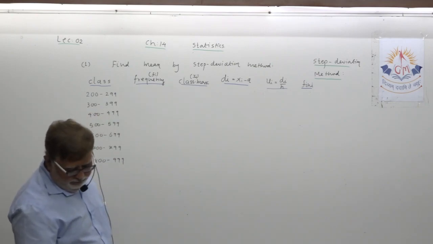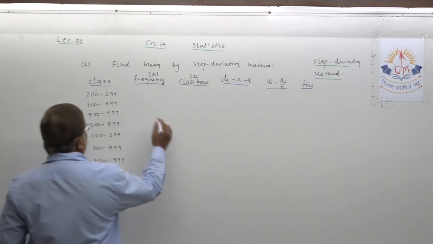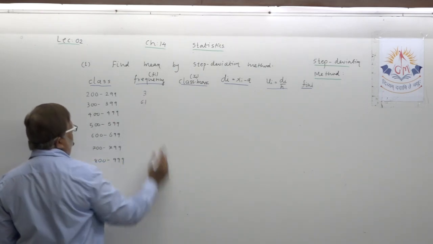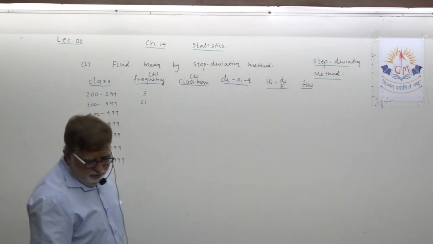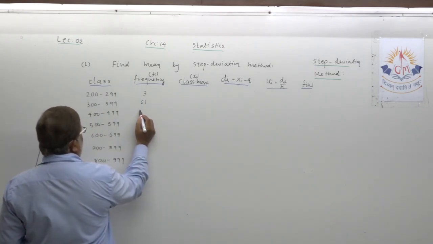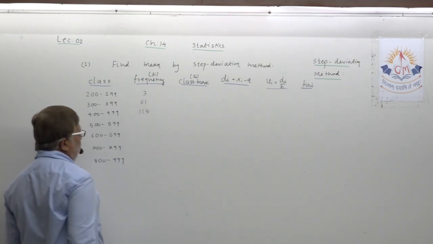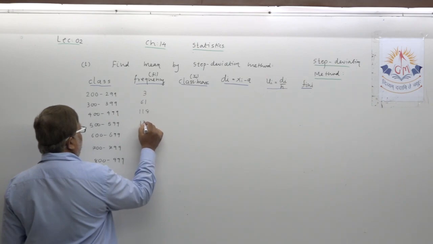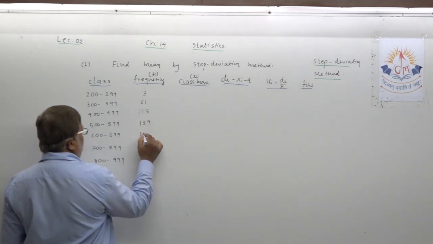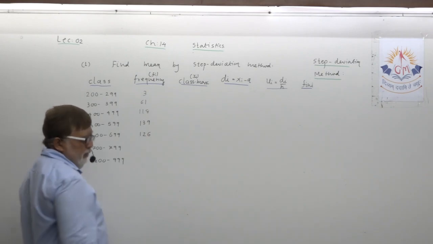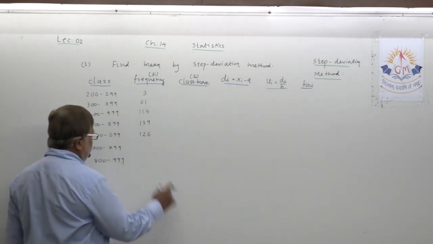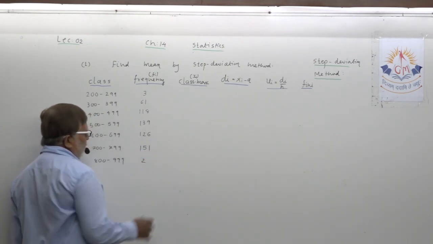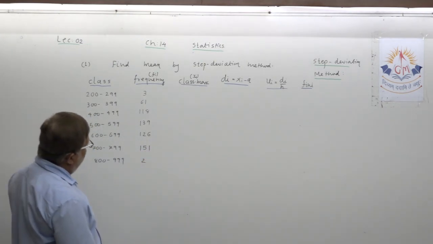Okay, till here. And then the frequencies are given this way: 3, then 61, the frequency of the second class, then 118, the frequency of the third class, then 139, then 126, then 151 and 2. These are the frequencies given.